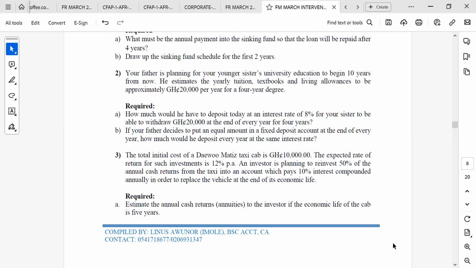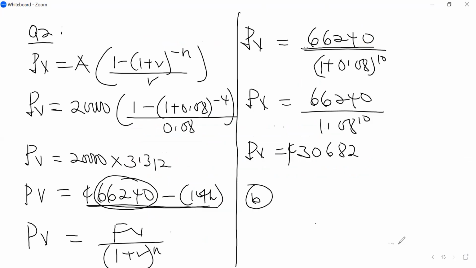This is also very simple. If you get the first one, then you don't have to worry again.